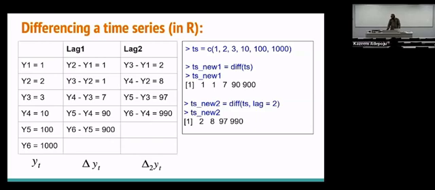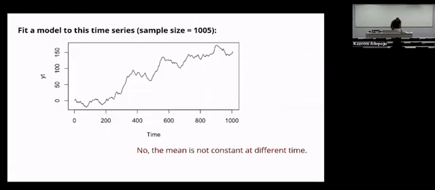Now, I told you differencing is like we basically want to solve the problem of assumption violation of stationarity, and we basically want to restore that. Now I want us to go back and fit a model to this time series.